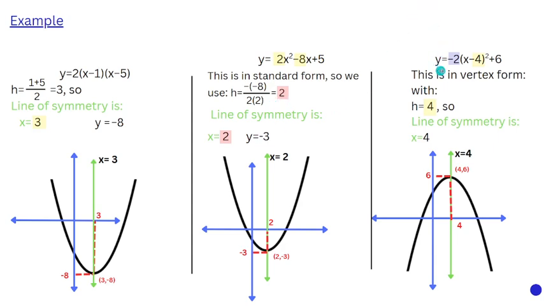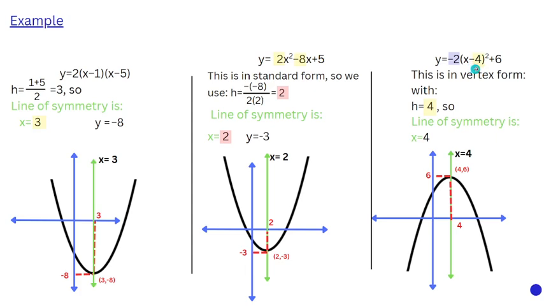If the equation is y equals negative 2 times quantity x minus 4 squared plus 6, a is negative 2, so the parabola opens downward. The vertex is a maximum.